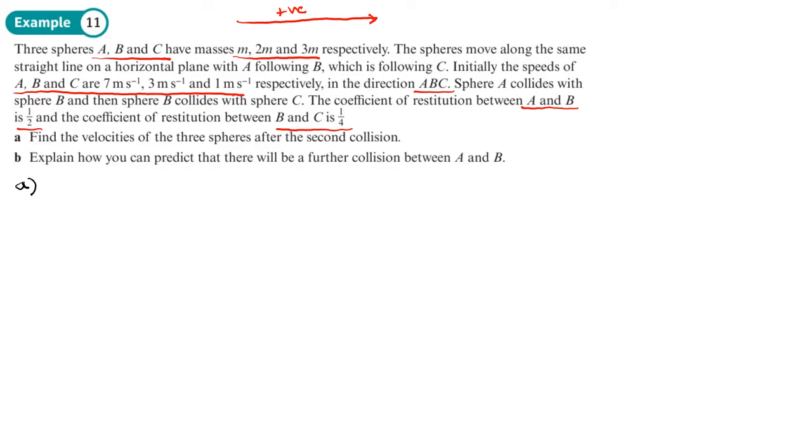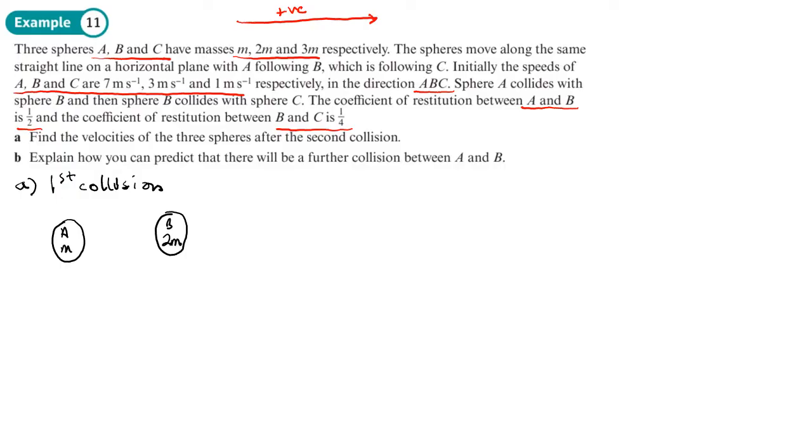Right, so the first thing we're going to do is a diagram of the first collision. That first collision is going to be between A and B. Let me draw these here. So A and B, and their masses are m and 2m.